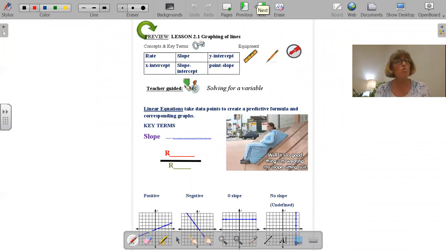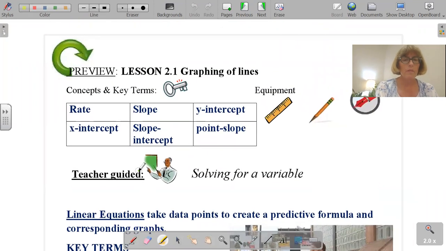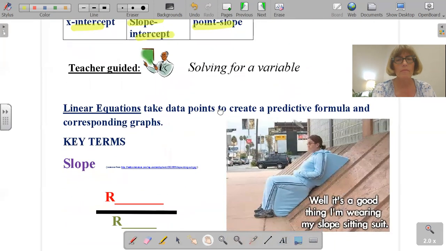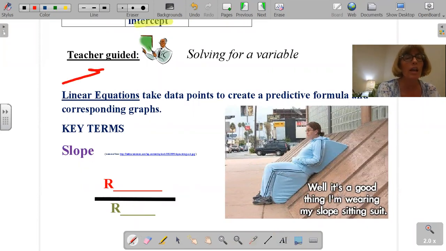We're going to be talking about graphing of lines, so your vocabulary: rate, slope, y-intercept, x-intercept, slope-intercept, point-slope. What is a linear equation? Remember, linear means a line.